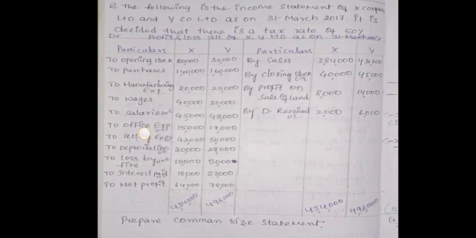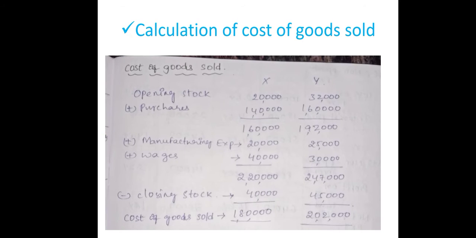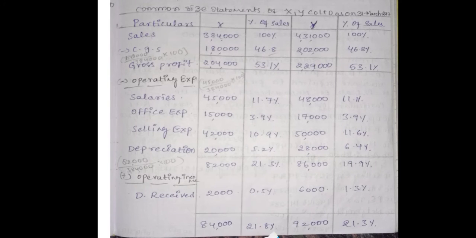Like this we will calculate. So 1,80,000 divided by 3,84,000 into 100, then we get 46.8% as the cost of goods sold of X company. Next, 2,02,000 divided by 4,31,000 into 100, 46.8% is the Y company cost of goods sold.